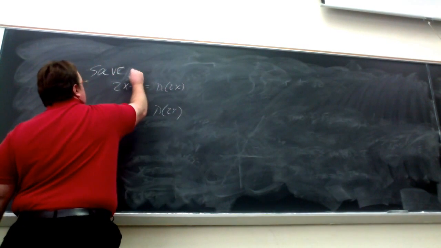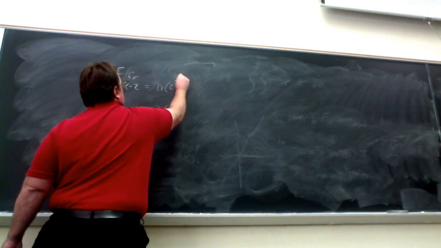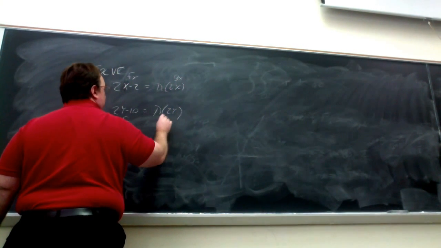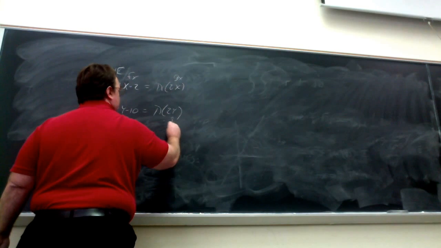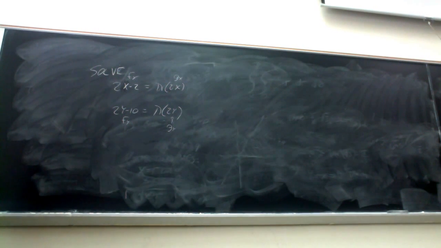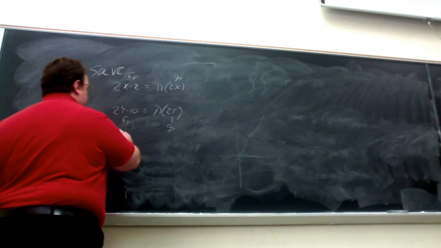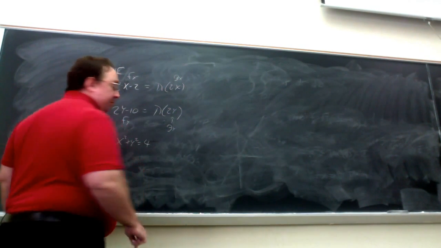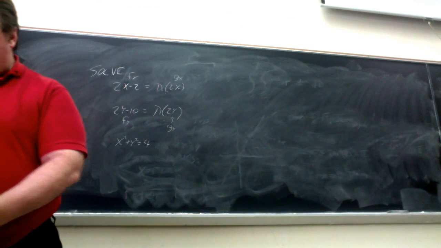So this is fx, gx, fy, gy. The derivatives of g are scaled by lambda. And then don't forget your constraint equation, x squared plus y squared is equal to 4.